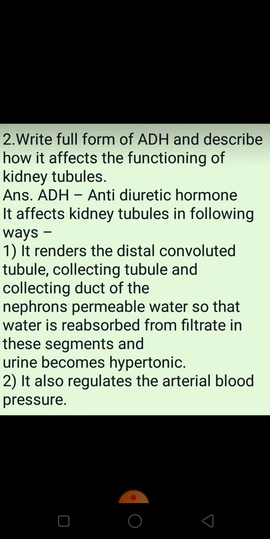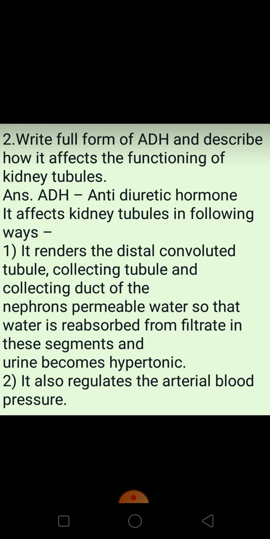Write full form of ADH and describe how it affects the functioning of kidney tubules. Now ADH is antidiuretic hormone, and this hormone affects kidney tubules in the following ways. First, it renders the distal convoluted tubule and collecting duct of the nephron permeable to water, so that the water is reabsorbed from filtrate in these segments and the urine becomes hypertonic.